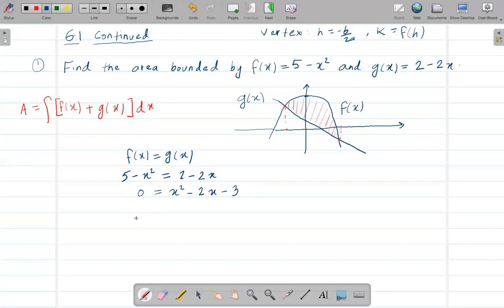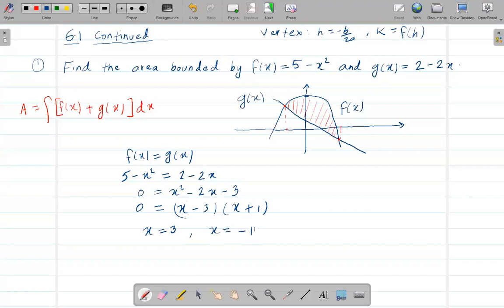So from here, since there is negative 2, I can say x minus 3 and x plus 1. Minus 3 plus 1 will give minus 2, right? So from here, we'll get x is equal to positive 3 and x is equal to negative 1.